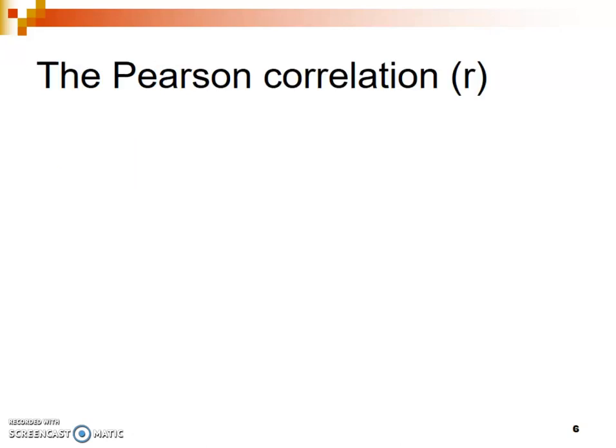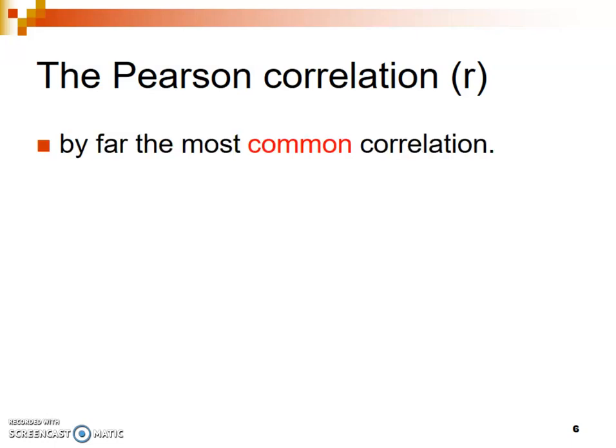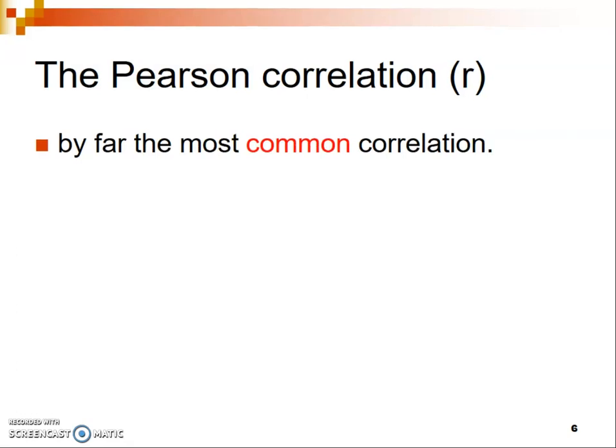So let's talk a little bit more about correlations, and specifically the Pearson correlation is the most common correlation, and it's going to be the main one that we're focusing on in this chapter. We'll discuss this a little bit more in a bit, but the Pearson correlation is primarily used to identify the relationship between two variables that are both measured on an interval or ratio sort of scale.